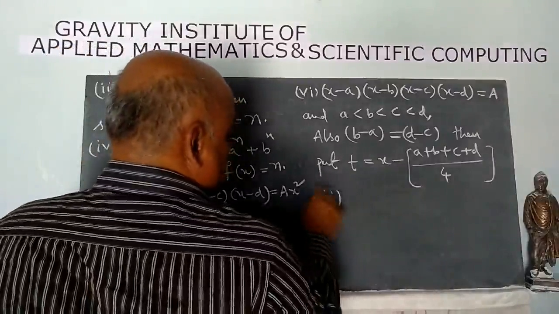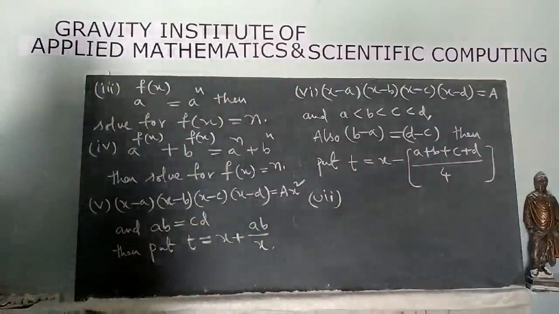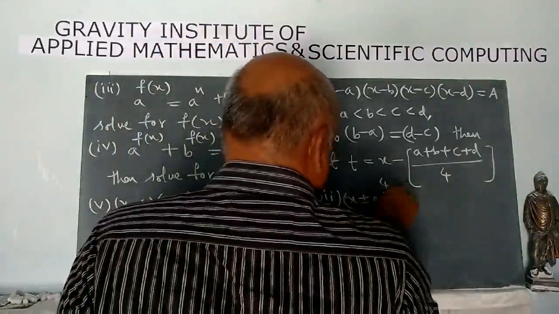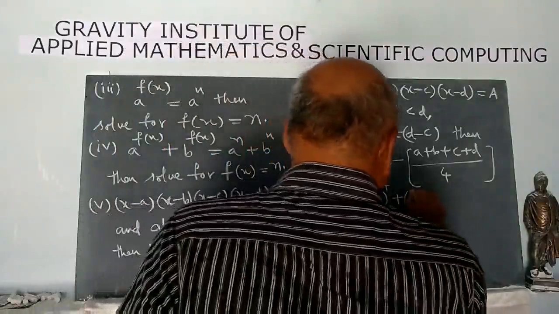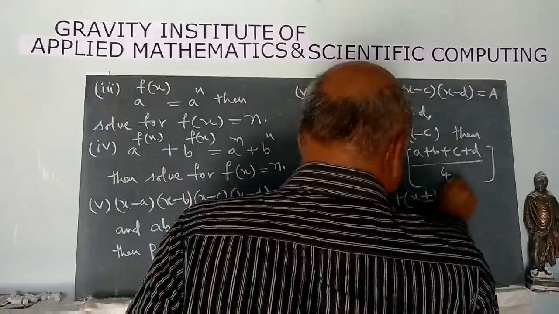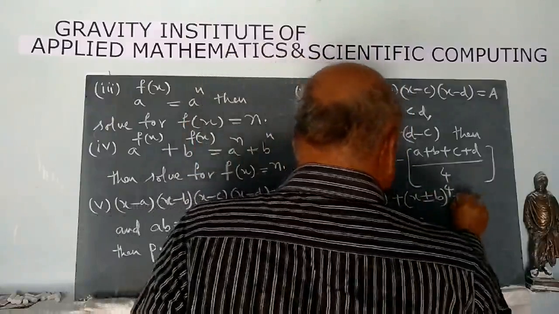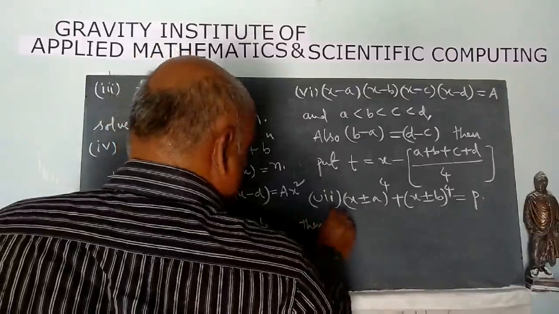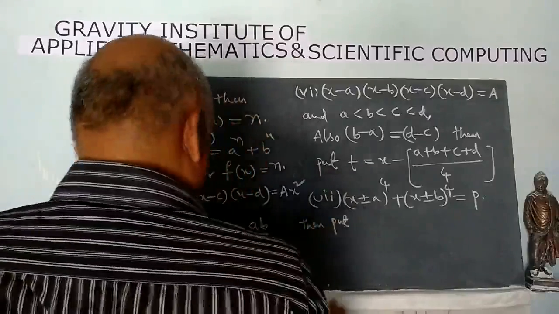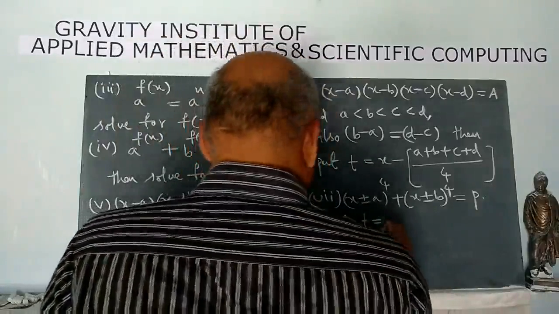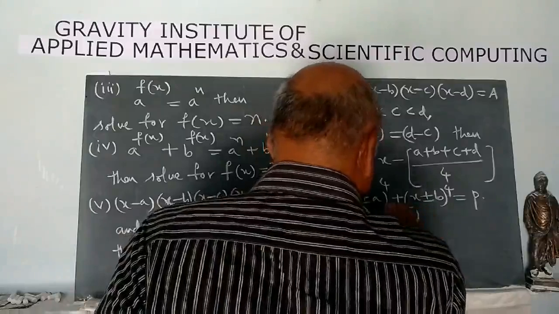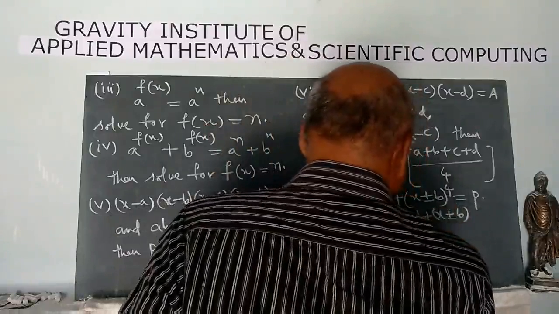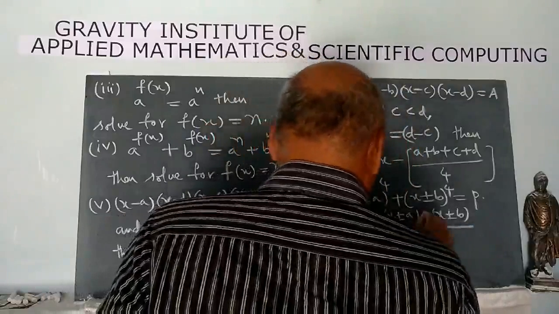Next, seventh point, (x plus or minus a) whole to the power of 4 plus (x plus or minus b) whole to the power of 4 is equal to t, then put t is equal to ((x plus or minus a) plus (x plus or minus b)) whole by 2.